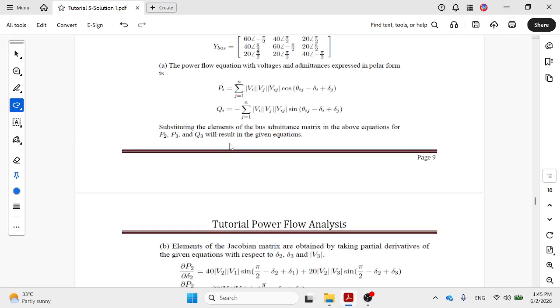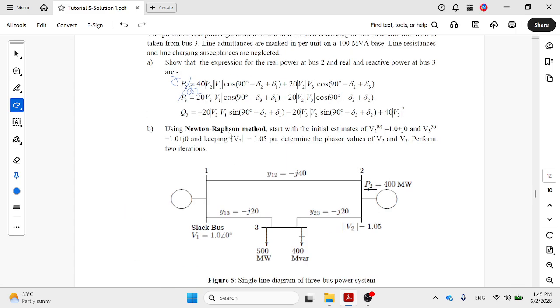Round of P2 over delta 2, you can see here again P2 over delta 2, so both sides we have delta. For this one, cos inverse becomes minus sine, and since delta 2 here is negative, here it becomes positive, so 90 minus delta 2 plus delta 1.